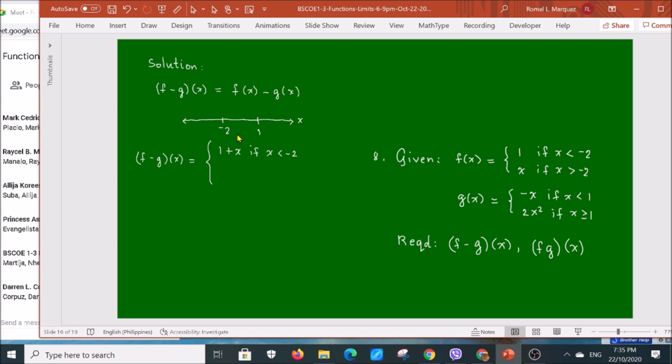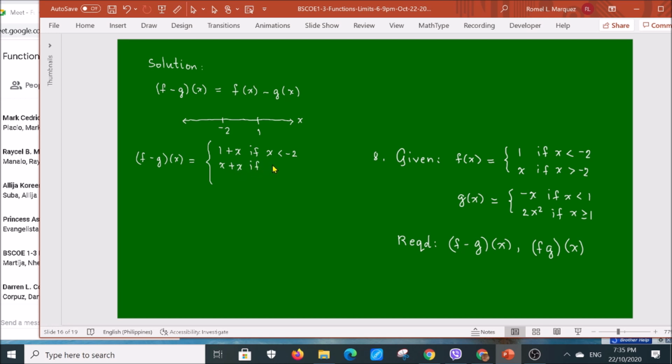So we use x for f. What is g if x is between negative 2 and 1? Is it less than 1 or greater than or equal to 1? It is still less than 1, so I'm going to use negative x. So x minus negative x, so plus x.